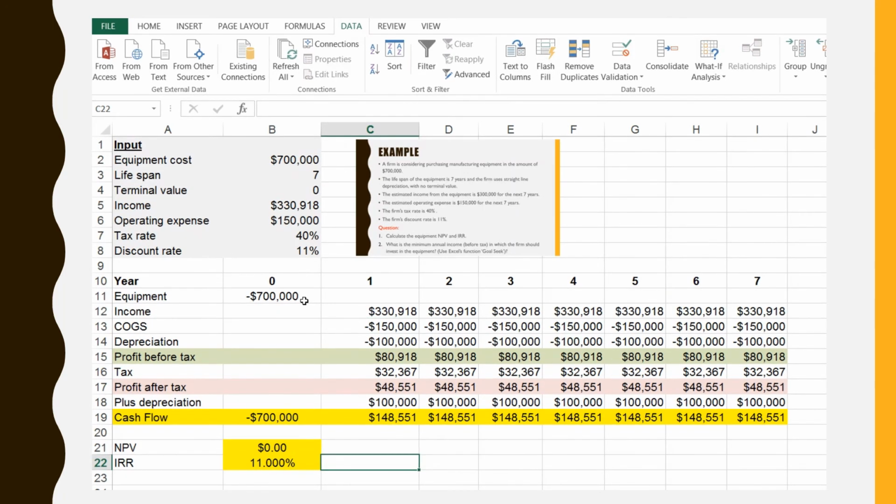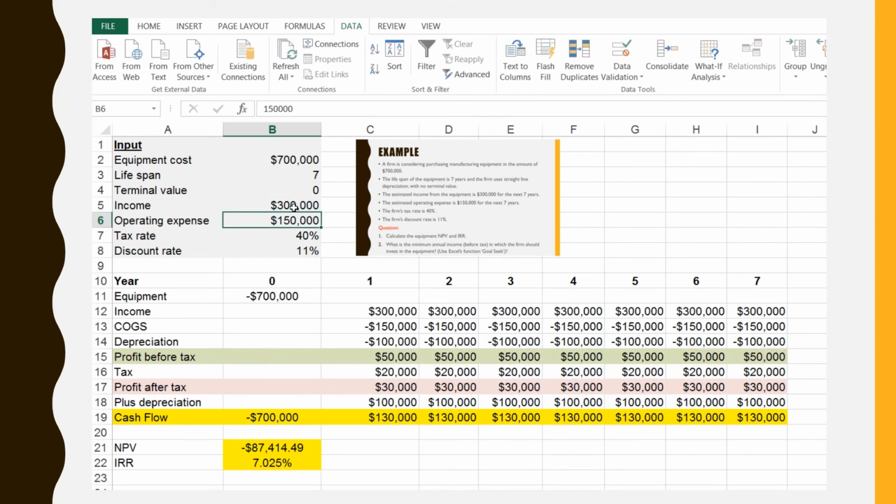We can also think about what if the company cannot increase the annual income and the annual income remains at 300,000. Is there a possibility to reduce the cost of the equipment so that the NPV is 0? We can use goal seek again.